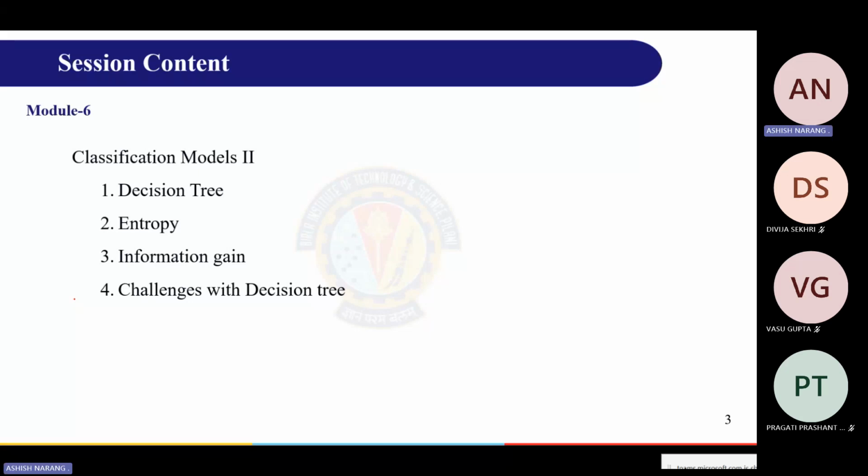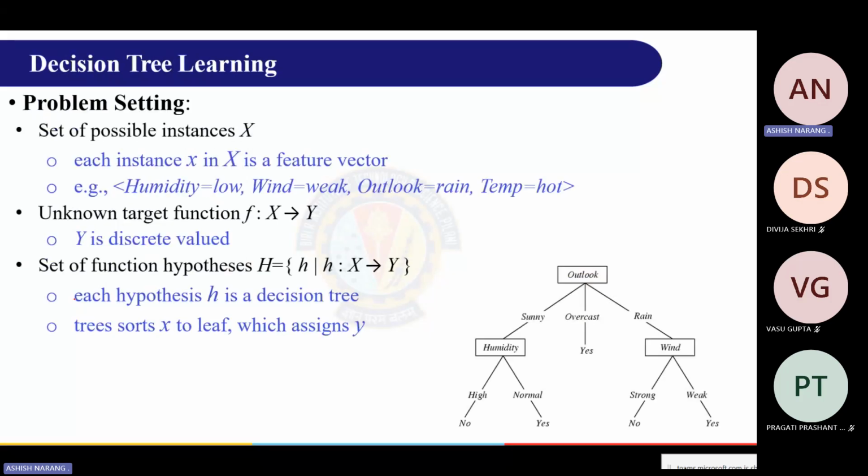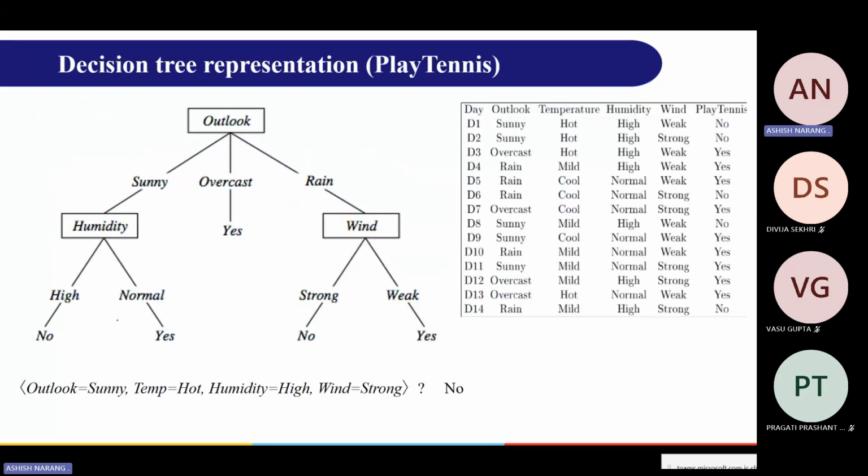So decision tree models are typically used for classification. We have looked into that. At every node, we test a particular attribute, and depending on the number of values it can take, we have that many branches. If you look at this decision tree with respect to the data set that is given, we are testing some attribute at every node.